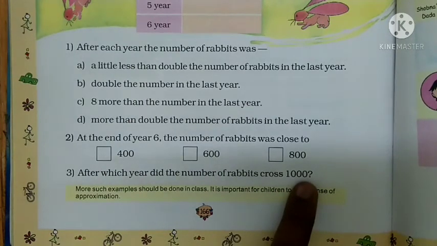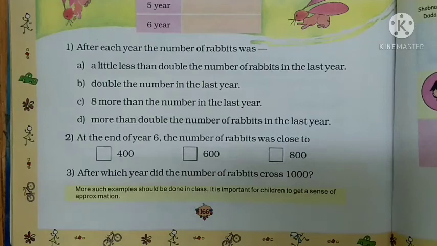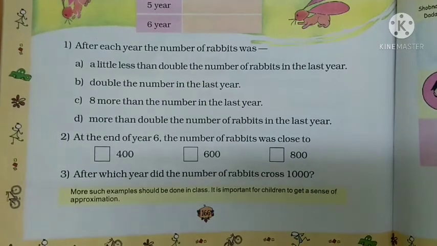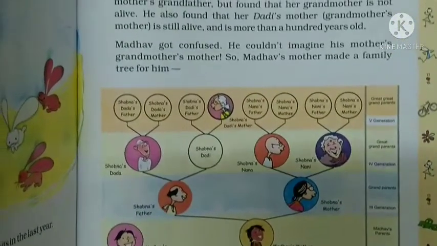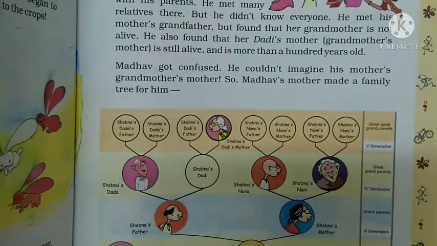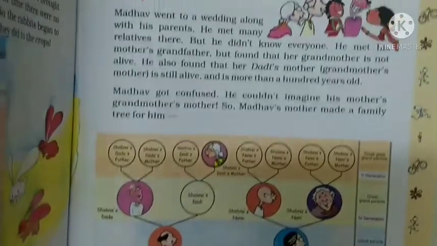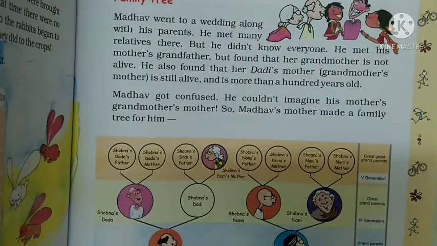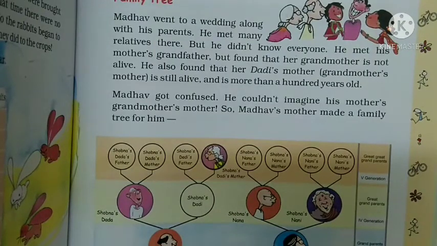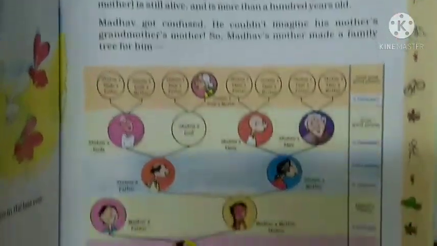Okay. Then on page number 167, there is a family tree given. So look at the family tree. Parents, grandparents, and up to five generations are given in this family tree.